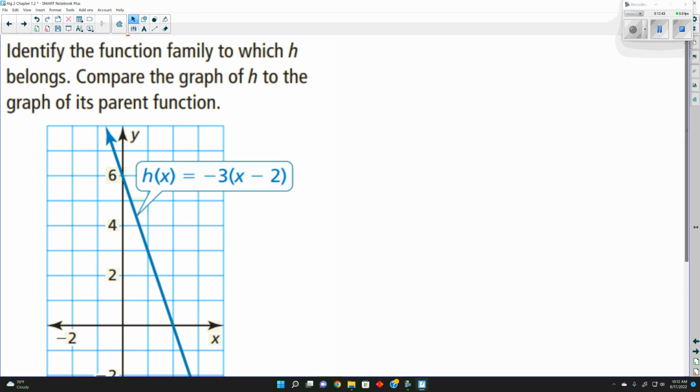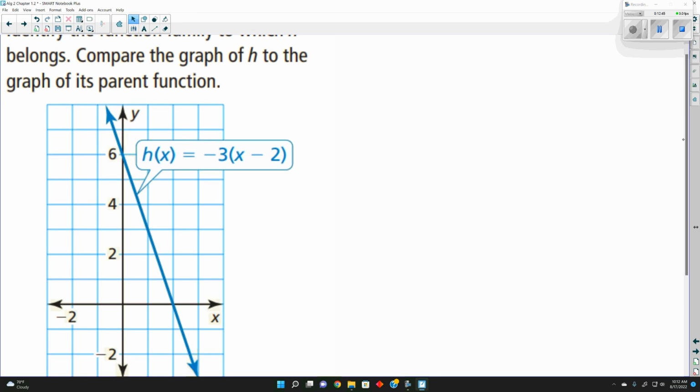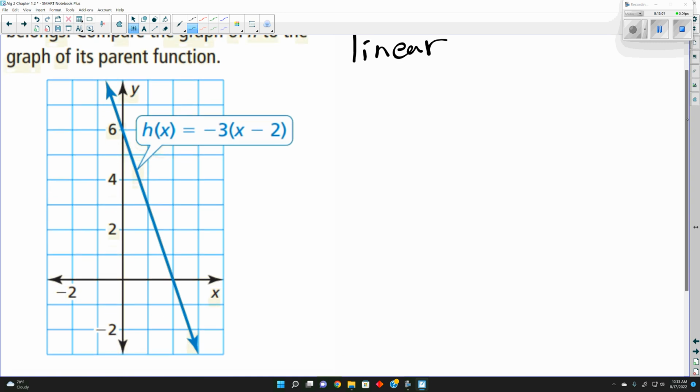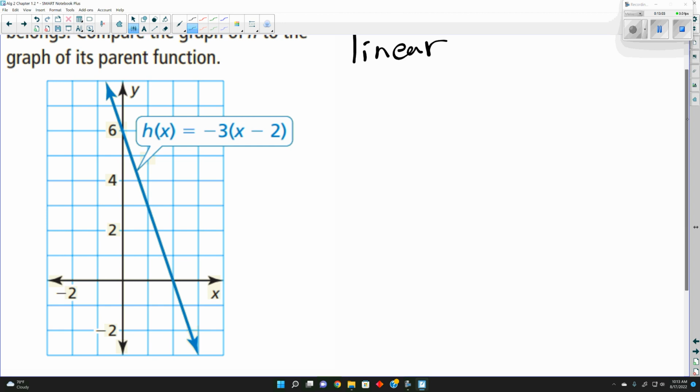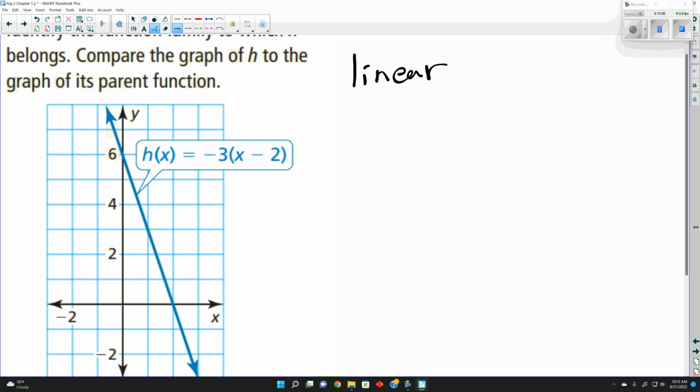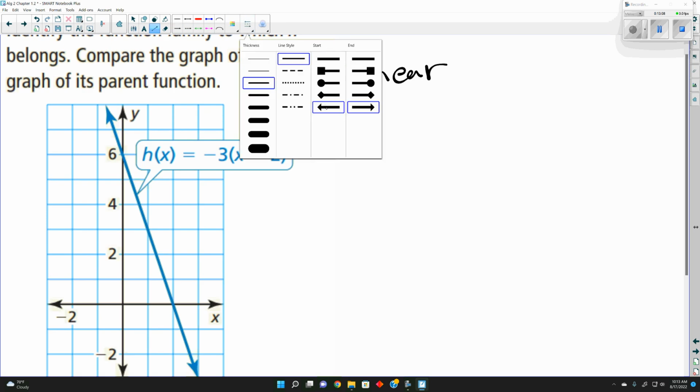So what would the parent function for this one be? Linear. It's a linear function. Equation of a line. Let's do arrows on both sides.